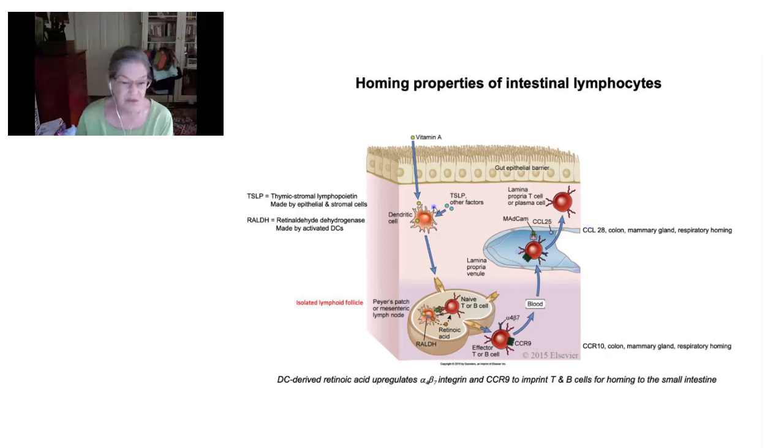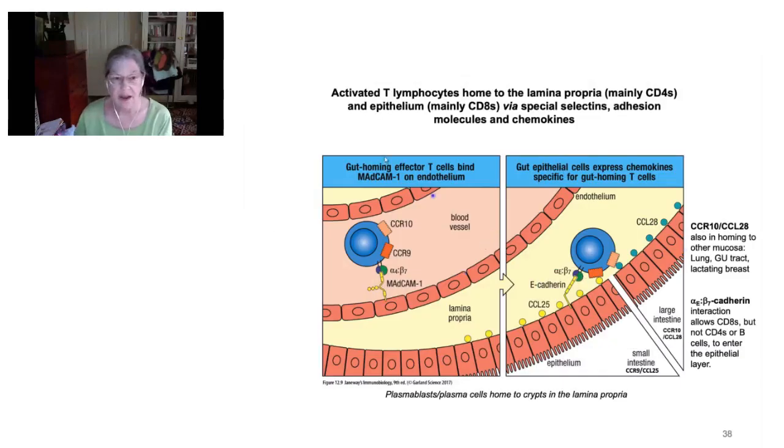The thing that is very cool about the gut, I think, is that you can start up a gut homing response, and depending on what the chemokines are, you can get broad homing to the gut, the lung, the genitourinary tract, and the lactating breast.